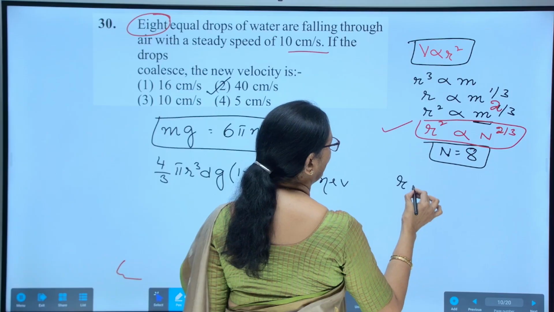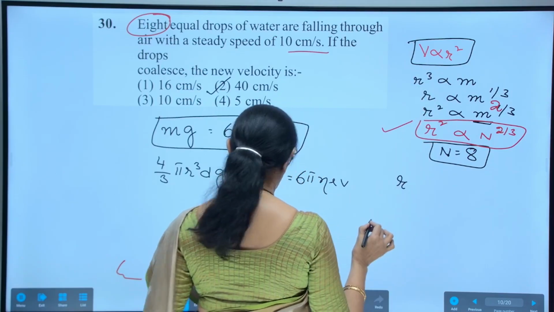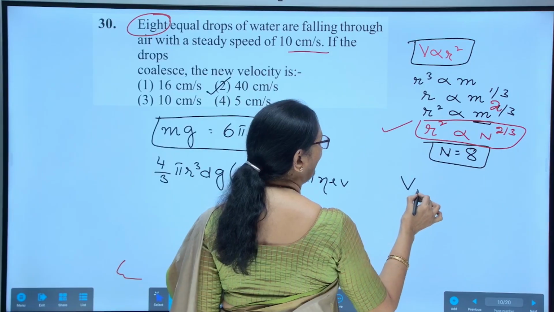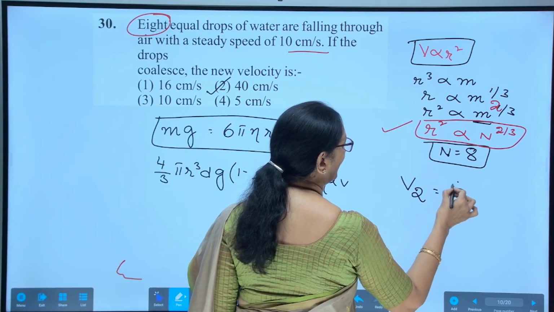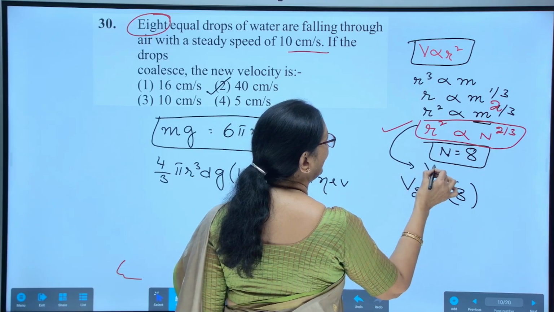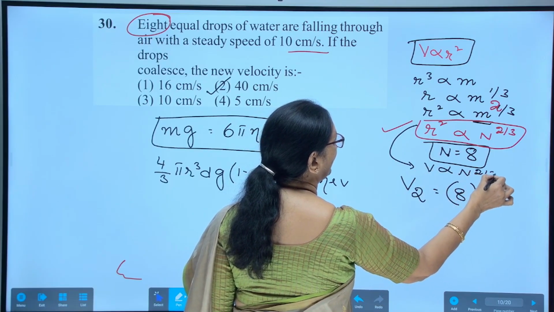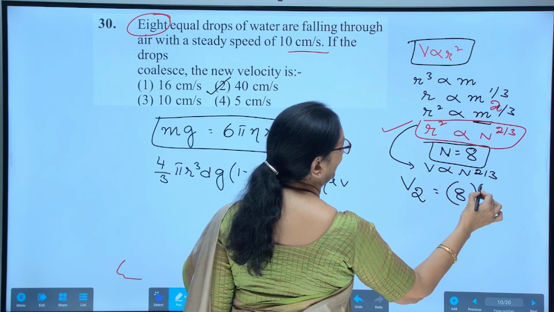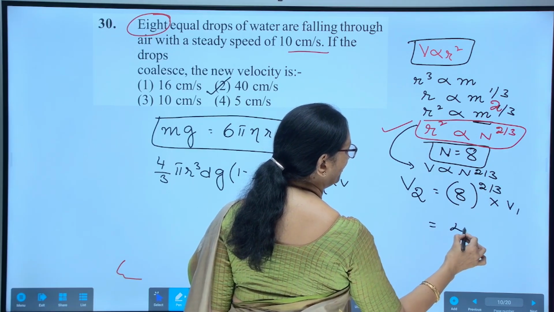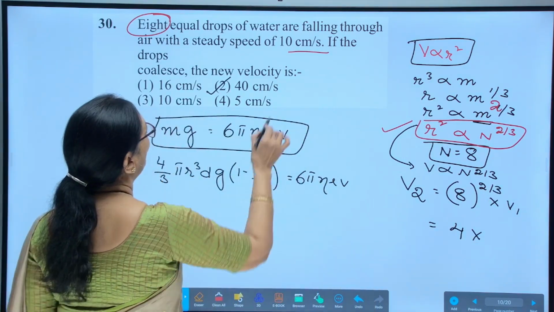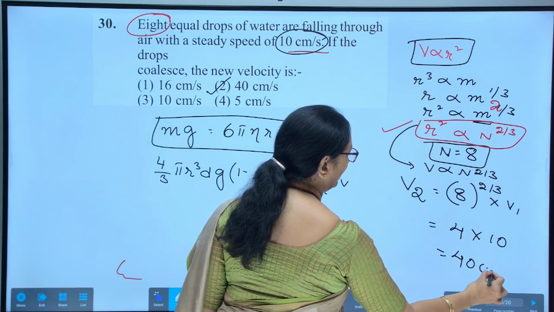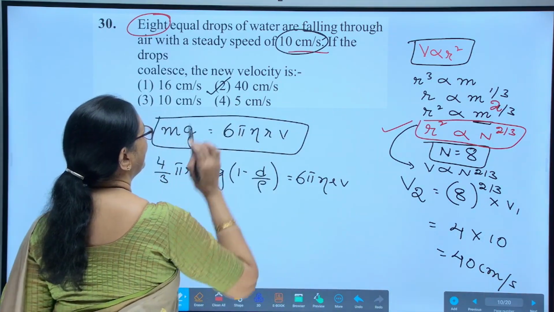So, terminal velocity of the big drop, as terminal velocity is proportional to n to the power of 2 by 3, V2 is equal to 8 to the power of 2 by 3 times V1. 8 to the power of 2 by 3 is 4 and V1 is given as 10 centimeters per second. 4 tens are 40. So, 40 centimeter per second, that is the right choice.